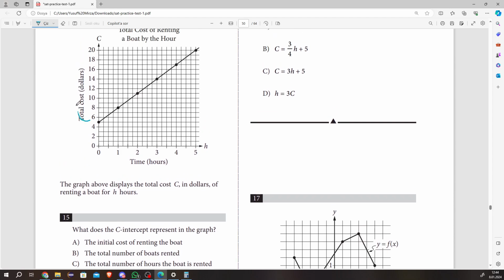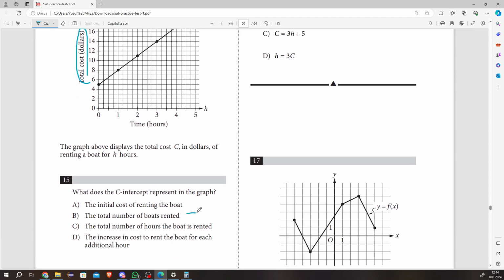Yeah, it's the total cost, so only total cost, and we look for initial too. Not the total number of boards rented. No, it's increase of cost of rent for each additional hour. No, it starts with 5, and also slope of the graph, and then x. So it's the initial cost of renting the board.